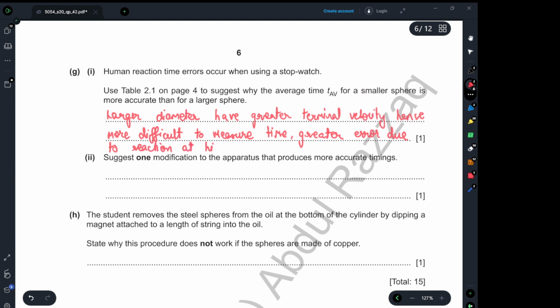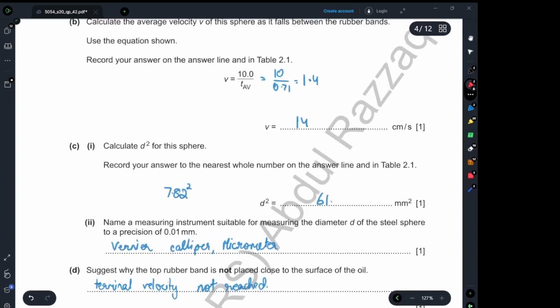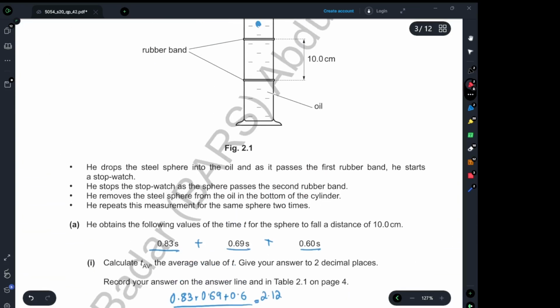at higher speeds. So at higher speed आपके reaction time से जो error produce होगा, that's going to be a little more. So just one modification to the apparatus that produces more accurate timings. तो जाहिर सी बात है आप जो है वो, so what you can do is you can do a couple of things.